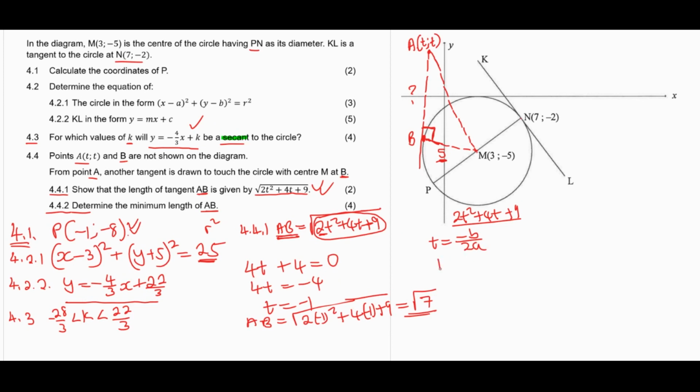So t is equal to negative 4 over 2 times our a, which is 2 times 2, meaning that t is equal to negative 1. And then we substitute into AB, we're going to get the minimum length of AB, which is square root of 7.